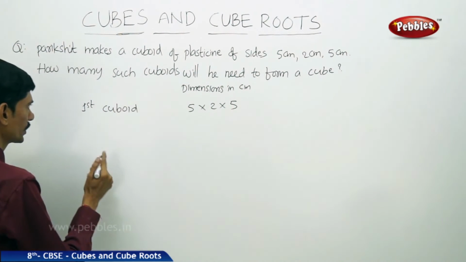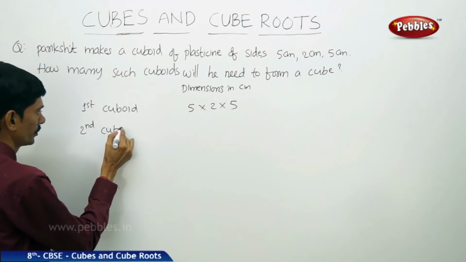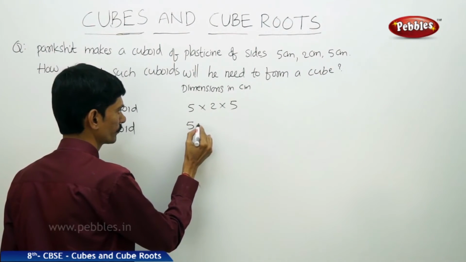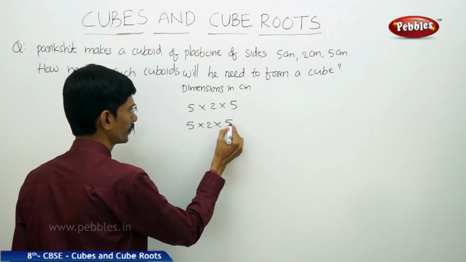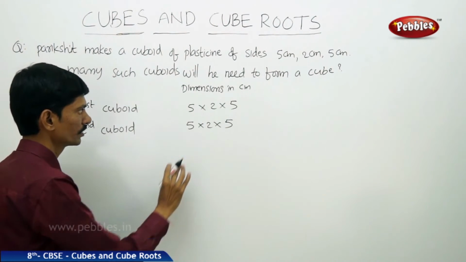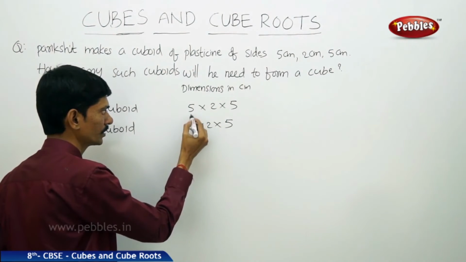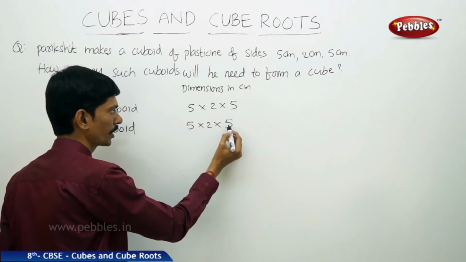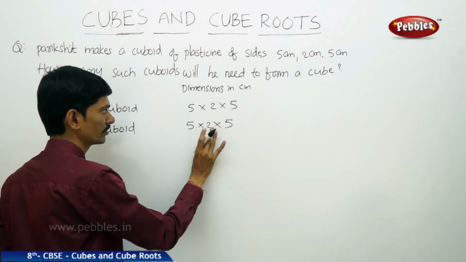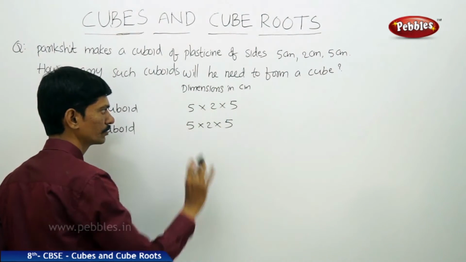Then let us take the second cuboid also. Again the same dimensions, 5 into 2 into 5. Do they make any cube here? Let us check the dimensions. The factor 5 appears here 2 times, here also 2 times, totally 4 times, but not either 3 times or 6 times, and the second factor 2 appears only 2 times.